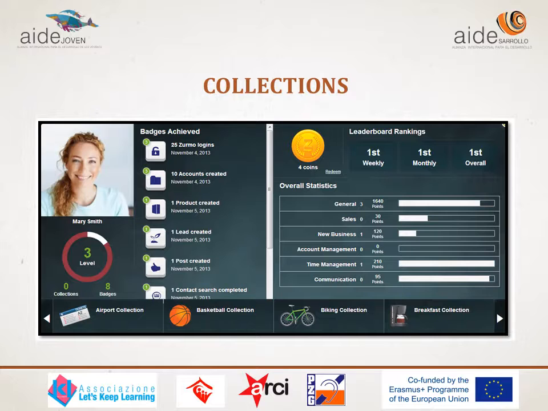The interesting thing about Surmo, which is this application, is that if you see below, they're talking about collections: airport collection, basketball collection, biking collection. What's the difference between badges and collections in this environment? Collections are a group of items that the user will receive by chance.